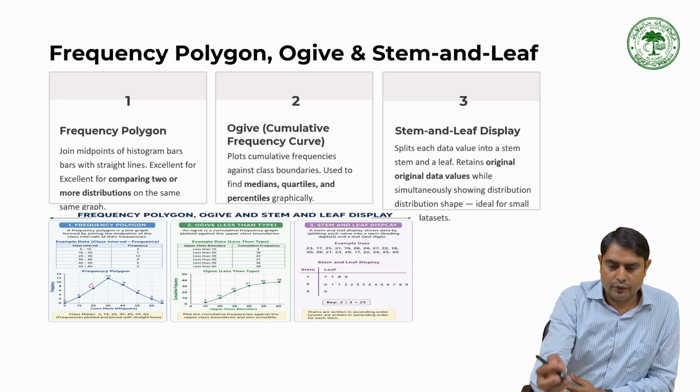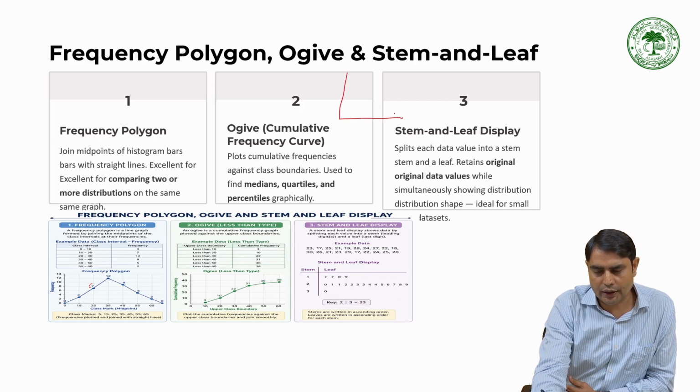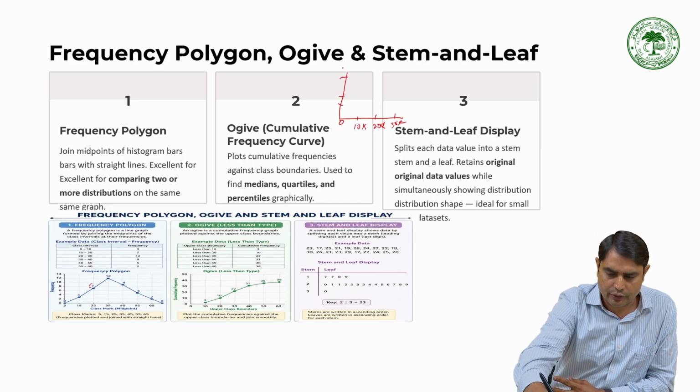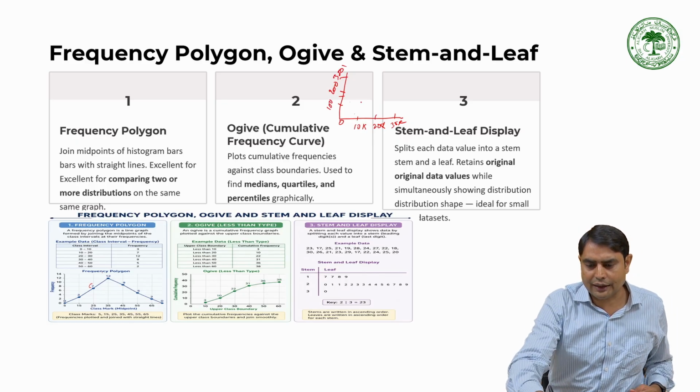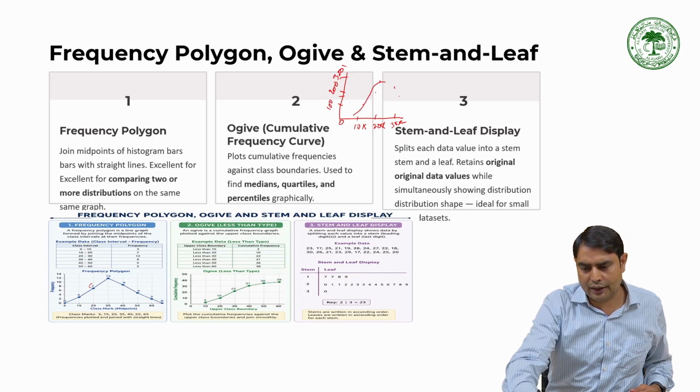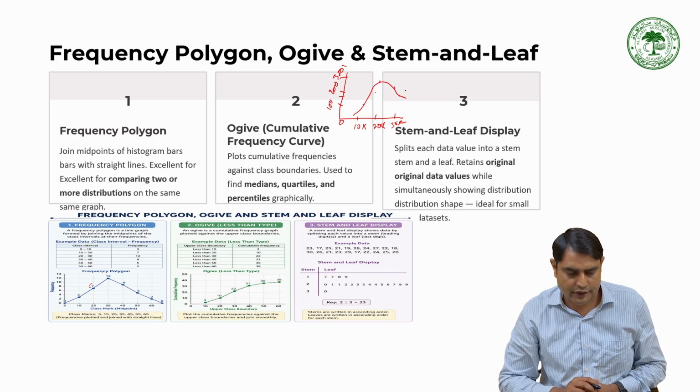Okay, so if you are mentioning, like, people traveling, say salaries from 0 to 10,000 to 20,000 to 30,000, and then the frequency. So there are 100 people, there are 200 people, 300 people, and so on and so forth. So what you can do, you can simply connect these dots and create a frequency polygon.